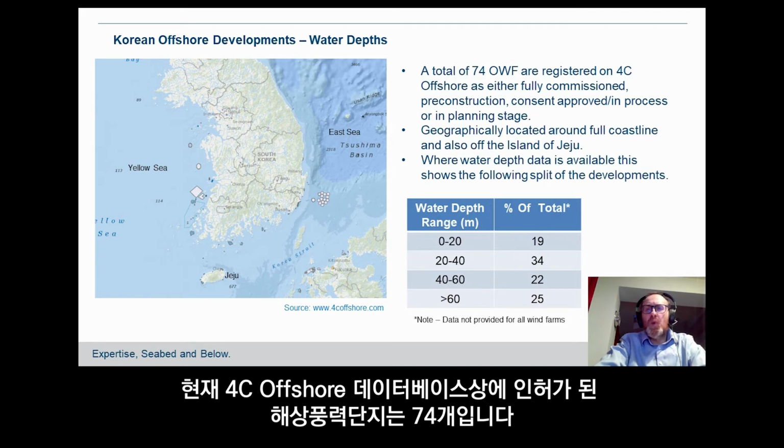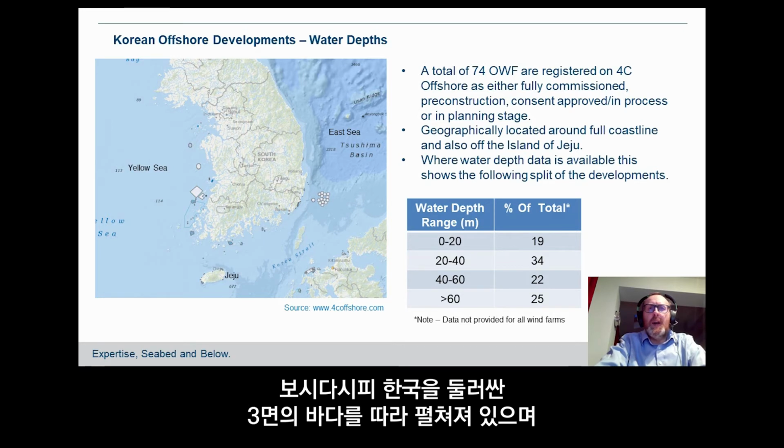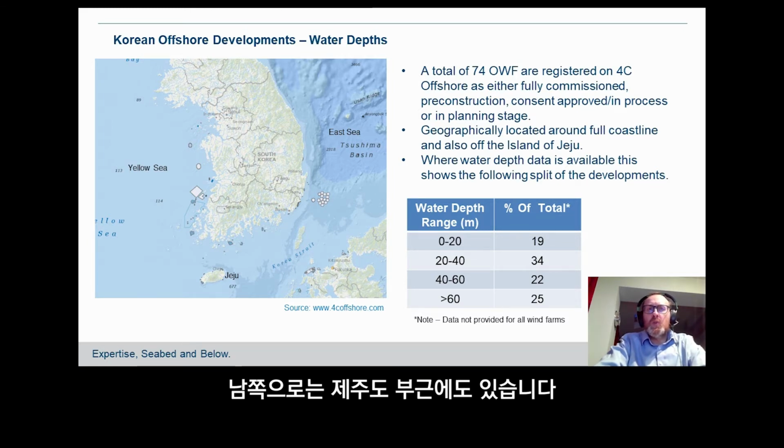There's 74 registered offshore wind farms in that database, and as you can see, they are spread along the virtual full perimeter of the Korean coast, and also to the south around the island of Jeju.